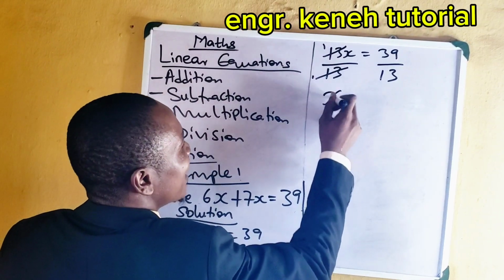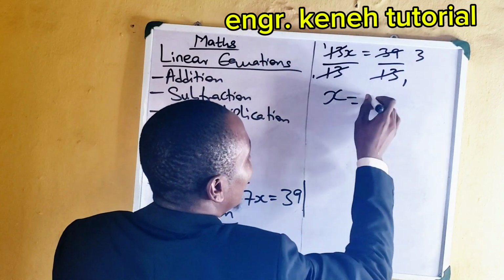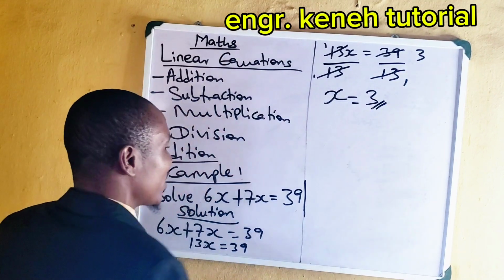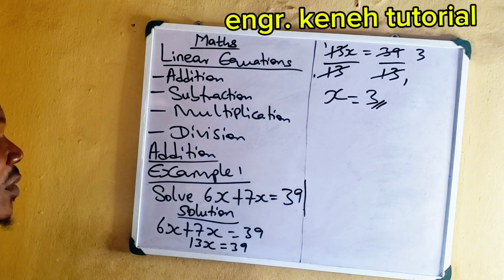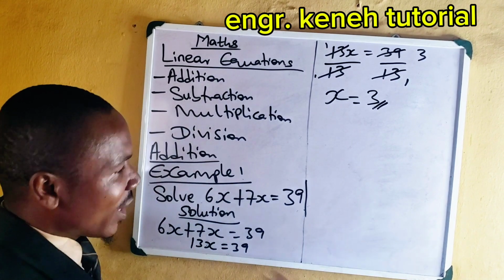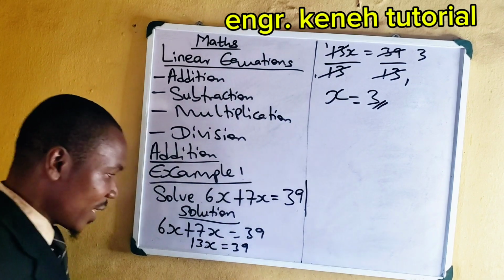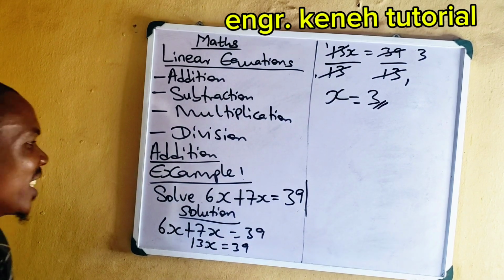We have only x left here. When 13 divides itself, we have 1, and dividing 39, you have 3. So we have that x equals 3. Can you see how this can be solved? Bring like terms together, then you divide by the coefficient of the unknown. That will give you the answer. All right, so that is how this can be solved. It is not difficult.